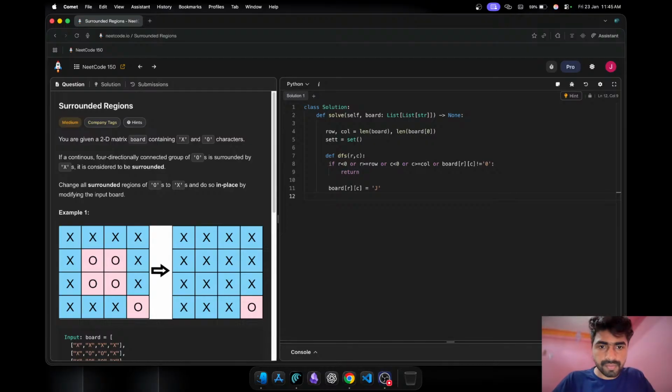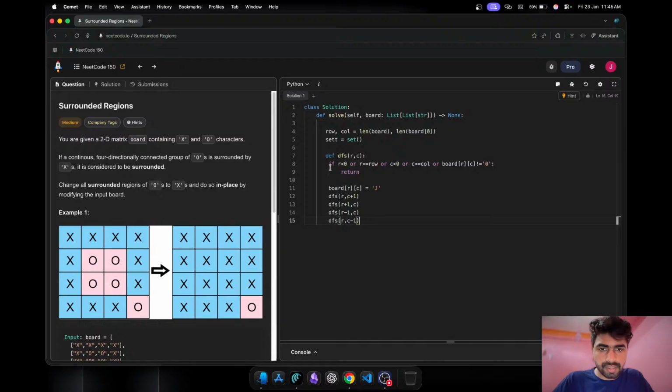And now, after converting this, we will go through the other directions: up, down, left, right. So I will go recursively: DFS R and C plus 1, DFS R plus 1 and C, DFS R minus 1 and C, DFS R and C minus 1.